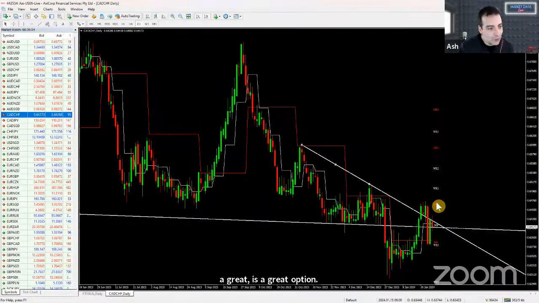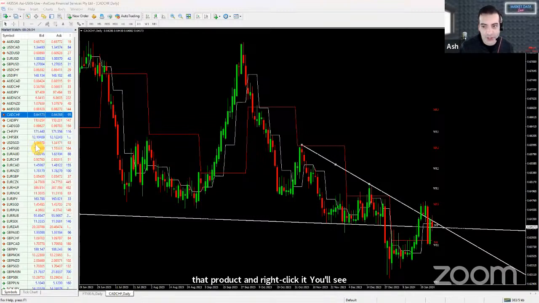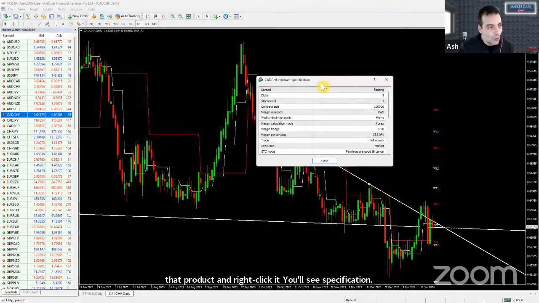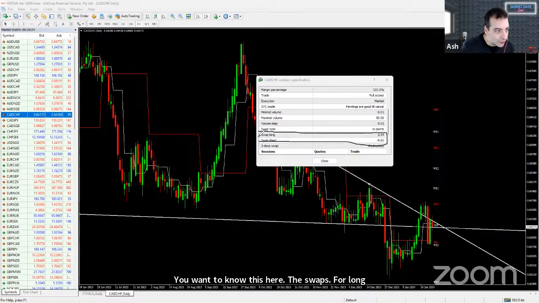When you look at a product, go over to your Market Watch window, onto that product, and right click it. You'll see specification. When you click that specification, it brings in what it costs you to hold the position. All you're really looking at is this area here. You want to know the swaps for long and the swaps for short.